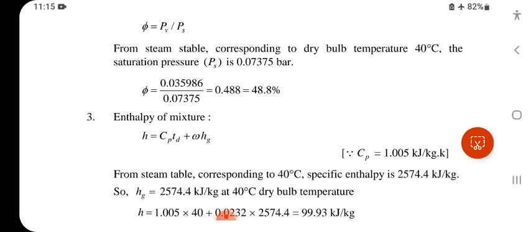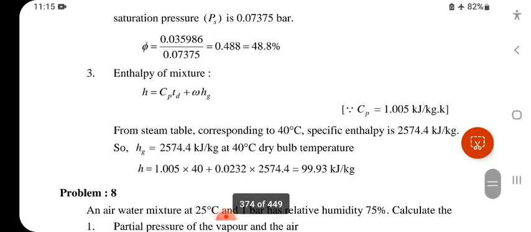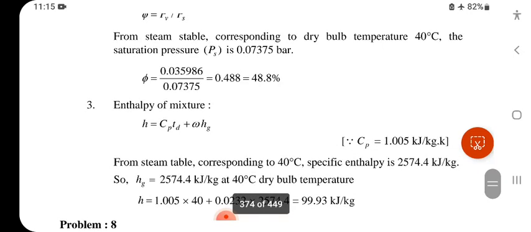So from steam table corresponding to 40 degrees Celsius, the specific enthalpy is 2574.4 kilojoules per kilogram. So here the Hg value is 2574.4 kilojoules per kilogram at 40 degrees Celsius dry bulb temperature. So we have to apply the values. H is equal to Cp into Td plus omega into Hg, right.